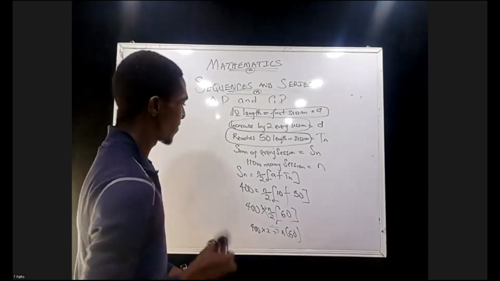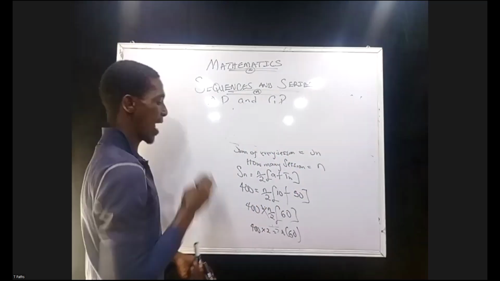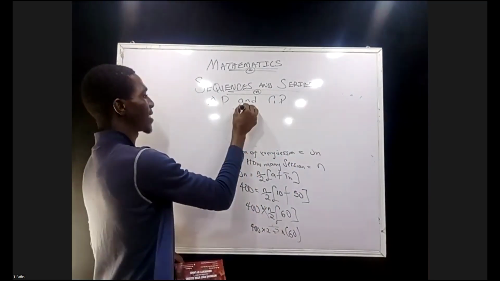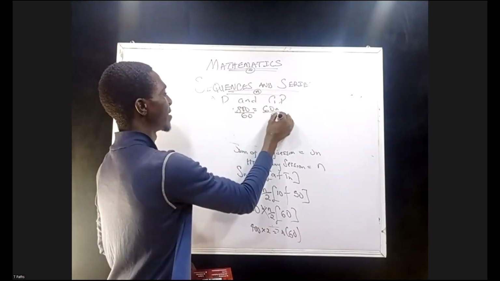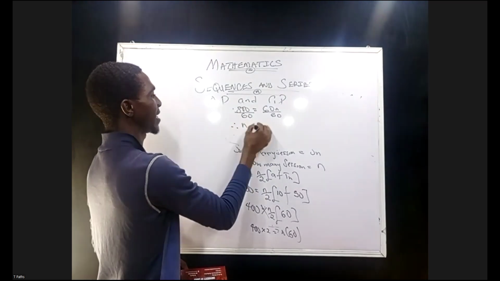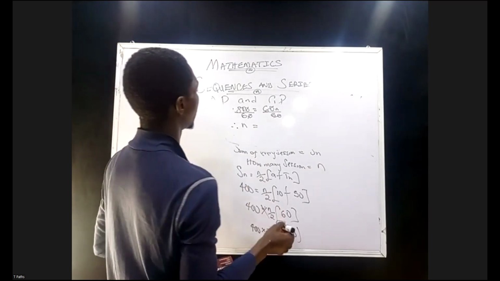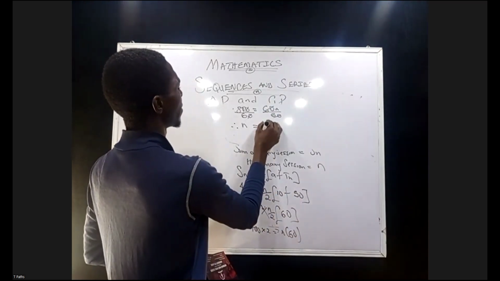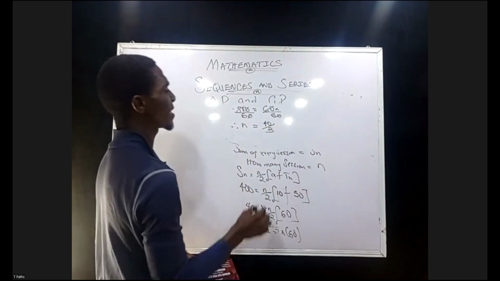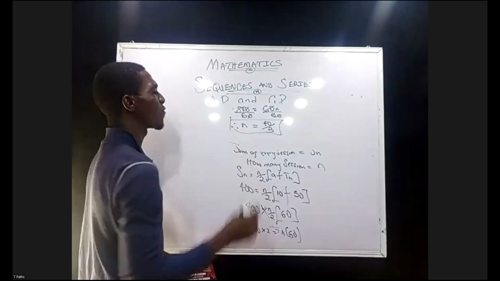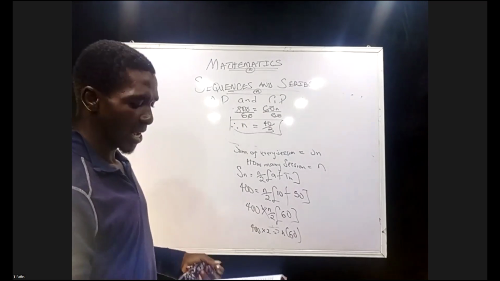So from this part here, 400 times 2 is 800, equal to 60n. Divide both sides by 60. Then the value of my n equals 800 over 60, that's 80 over 6, which is 40 over 3. So let me give you a fraction form, 40 over 3. Then using your calculator, you can have it in decimal form.